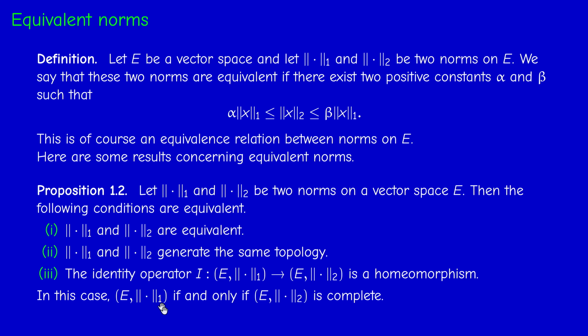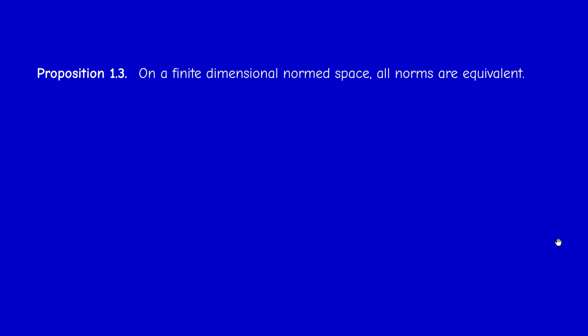This is not difficult to prove. You can prove it if you like. Now, you probably also proved that on a finite dimensional normed space, all norms are equivalent. Okay, the main reason for this is the compactness of the unit sphere, because the unit sphere is closed and bounded, so it's compact.